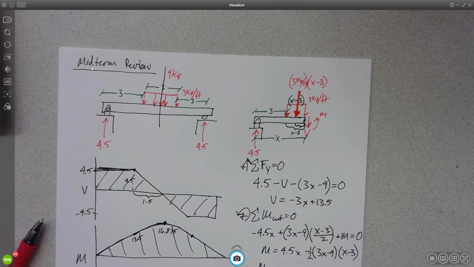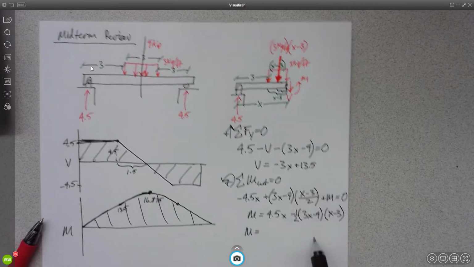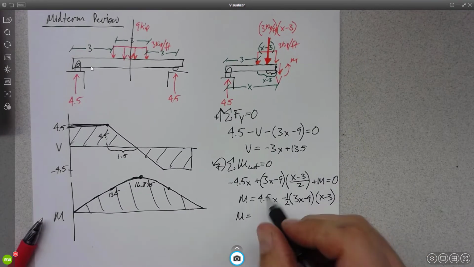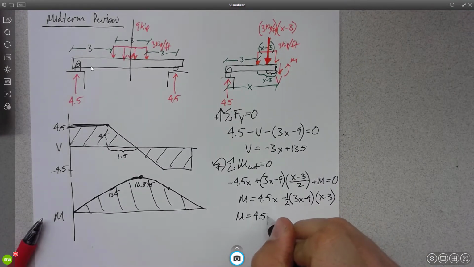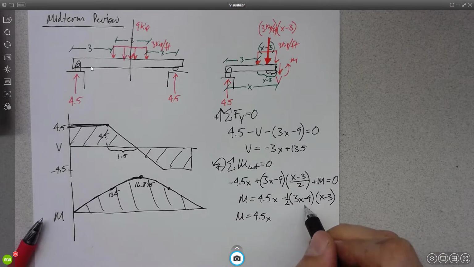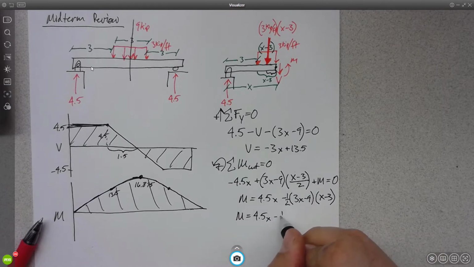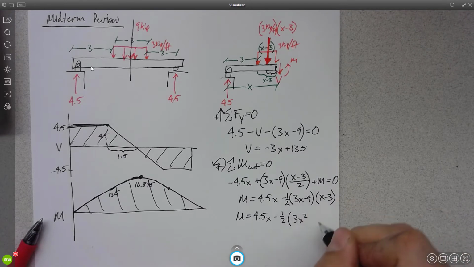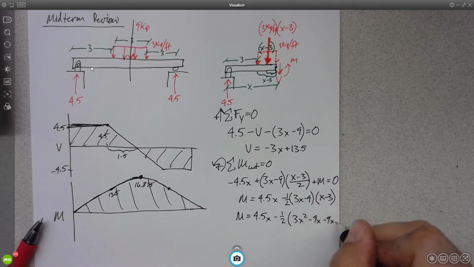Gosh. 4.5x, let's see, we'd have minus 1/2 3x squared minus 9x minus 9x plus 27.